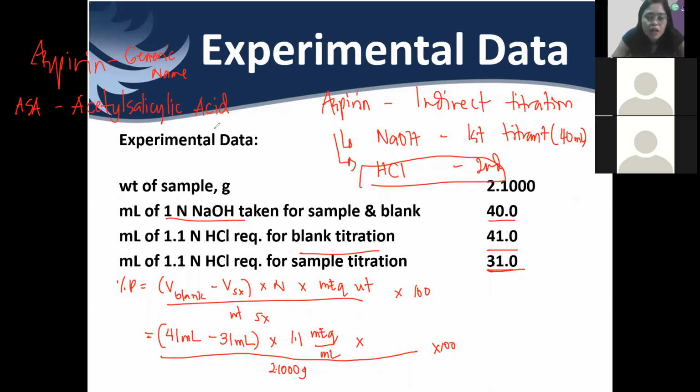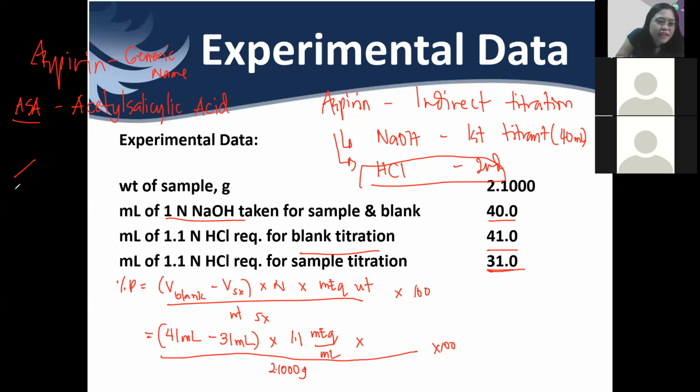So this is the chemical name of aspirin, acetyl salicylic acid. Sometimes it is abbreviated as ASA. So if you see ASA in area 4 in PCOL or in area 1 in farm chem 2, that is referring to aspirin. Now let me draw the structure if I can remember it correctly.